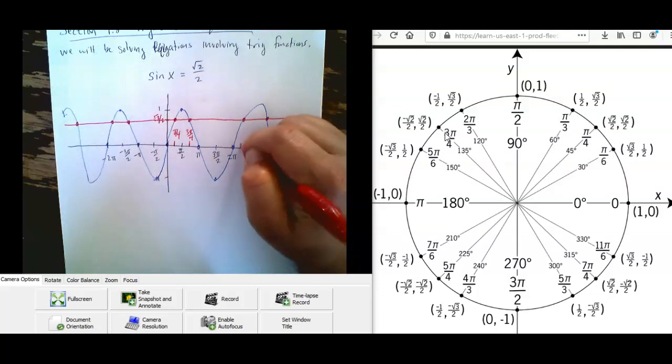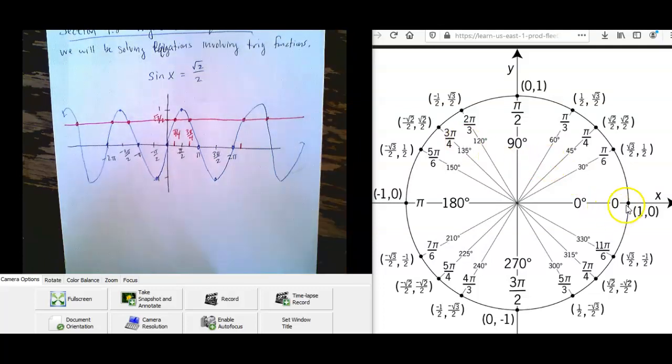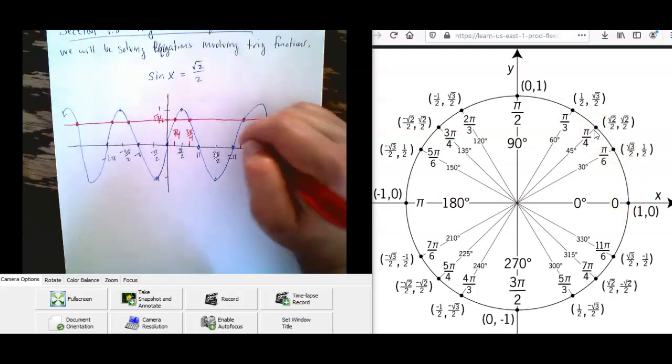So again, it happens at the pi over 4 angle after 2 pi. Well, let's think about it. How many pi over 4s are in 2 whole pi's? Well, that would be 8. 8 pi over 4 is the same thing as 2 pi. So the next one we get would be at 9 pi over 4.